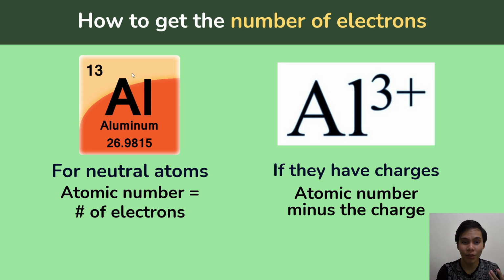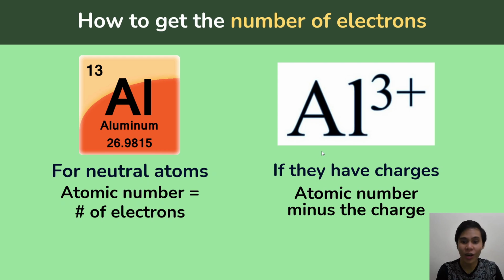The atomic number, the number usually at the top left or the top of your atomic symbol, is also the number of electrons, because that number refers to your number of protons, which are positive. So if you have a certain number of protons, in order for it to be neutral, you need to have the same number of electrons. In other words, your atomic number will be your number of electrons in neutral atoms.